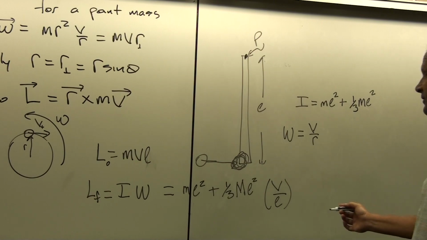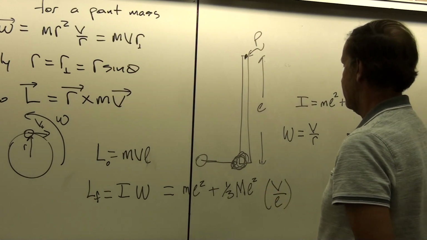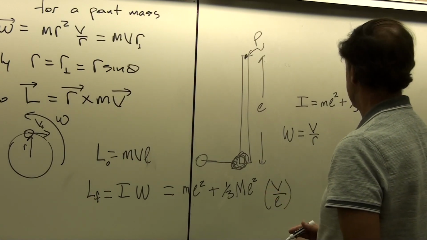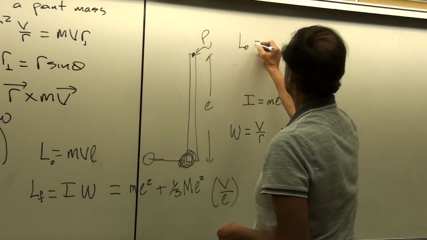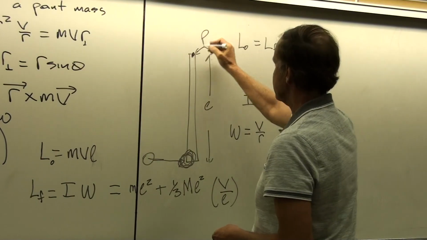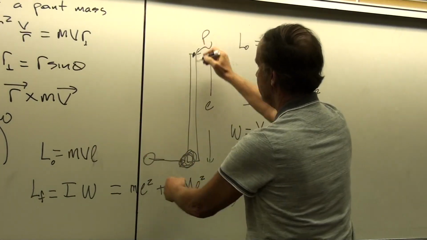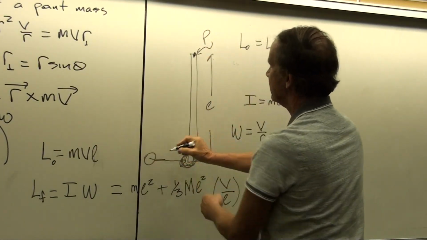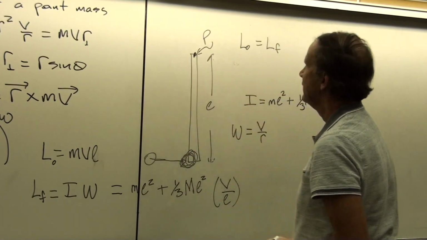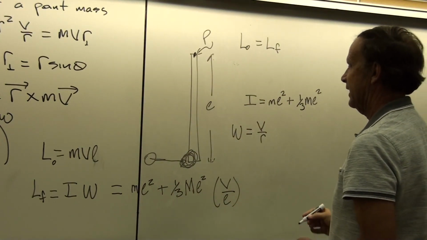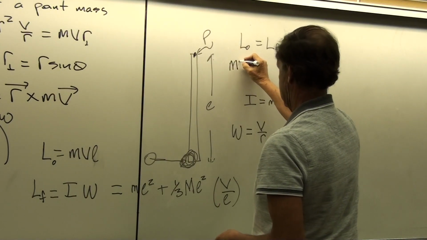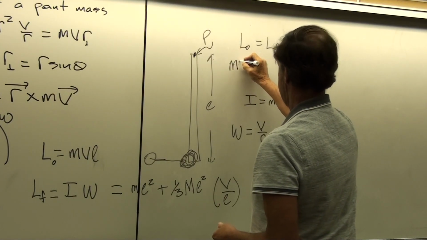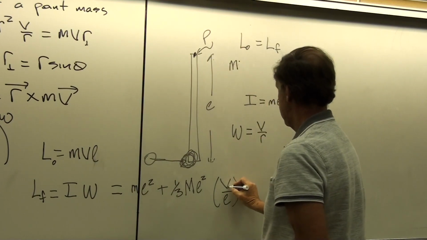And so, by using conservation of angular momentum, we can now set L initial equal to L final, because there's no external torques acting. All of the forces are internal to the system, which is the mass striking that rod. And so we get little m times V. Now this is V final.